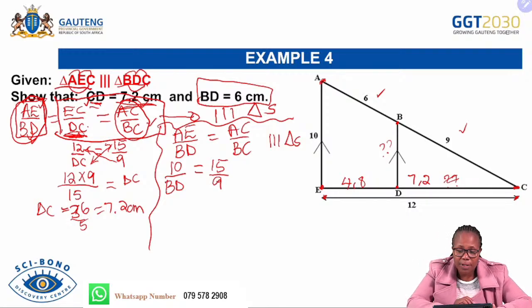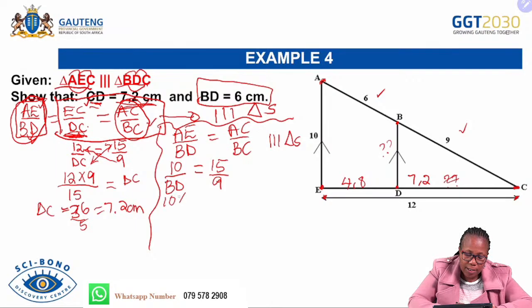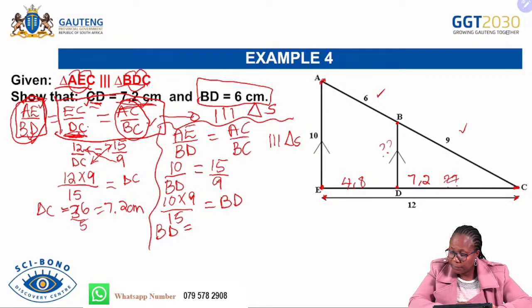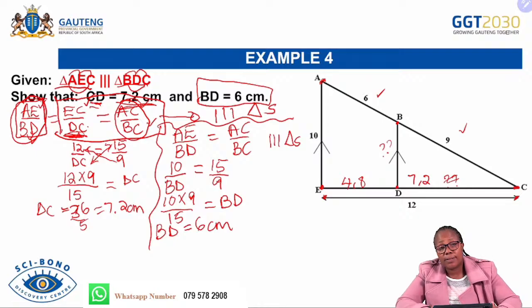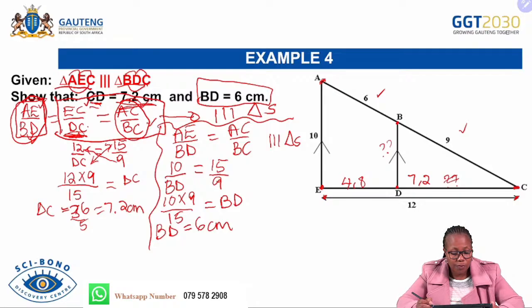You are cross multiplying: 10 times 9 over 15, same way, equals BD. Therefore, BD will give us an answer of 6 centimeters. Okay, great job. That is how you apply the given similarity to find the unknown side if we are given sides.